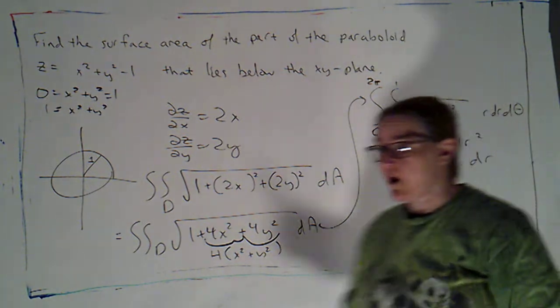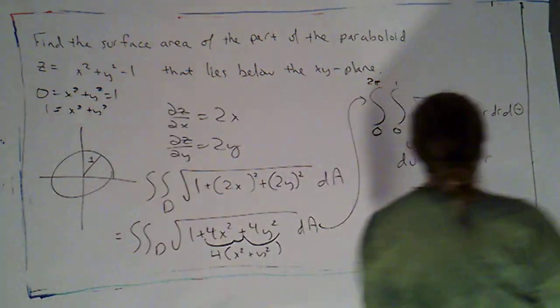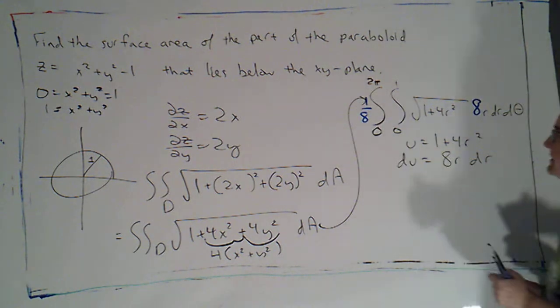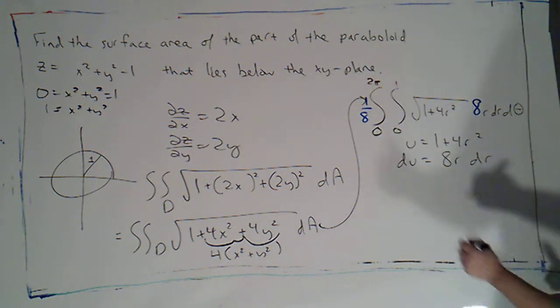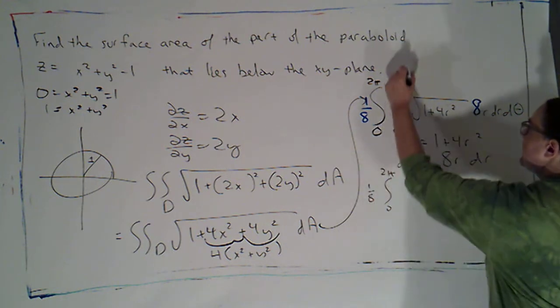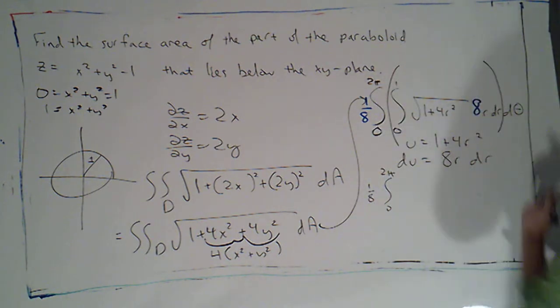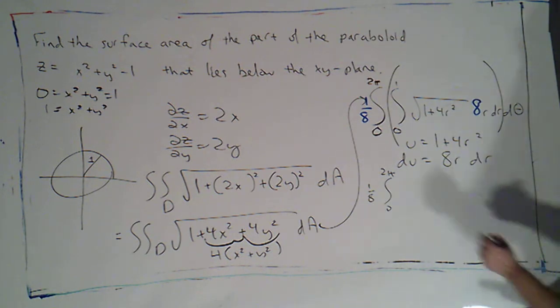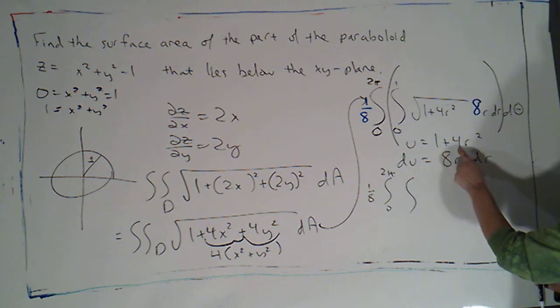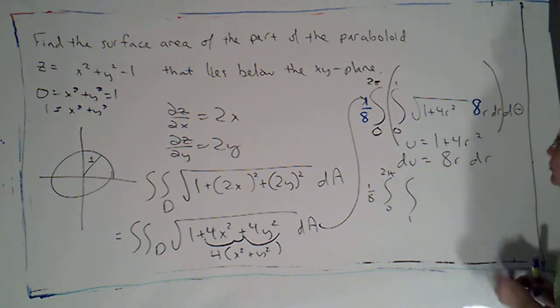I've got the r, I need an 8, so I'll introduce an 8 and counterbalance with a 1/8 on the outside, and then I can say this is 1/8, the integral from 0 to 2 pi. This inside integral with respect to r is where we're doing the u sub. So the u value at 0 is 1 plus 4 times 0 squared, that's going to become 1.